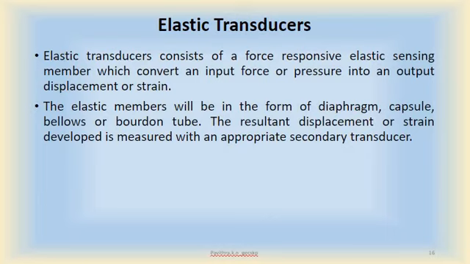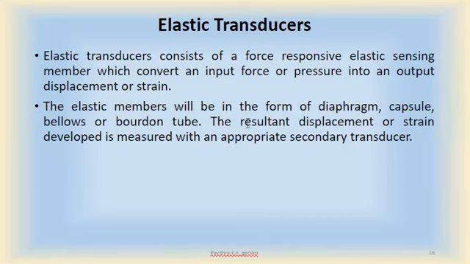So in this type of pressure measurement device, the elastic members will be in the form of a diaphragm, capsule, bellows or Bourdon tube. That is, these are the different types of elastic transducers: diaphragm based, bellows or Bourdon tube.